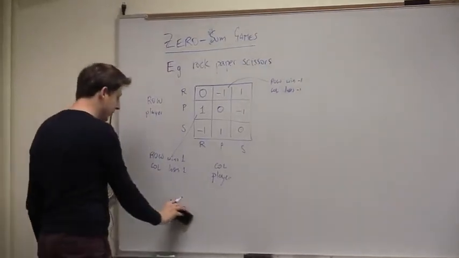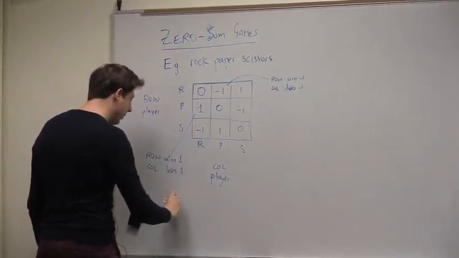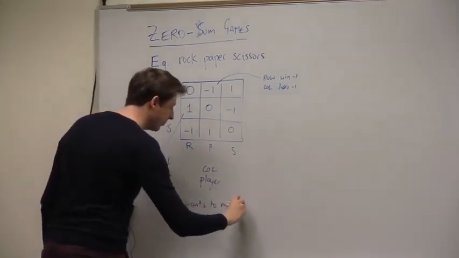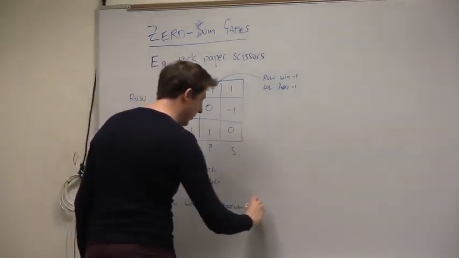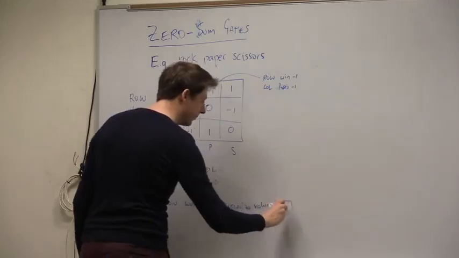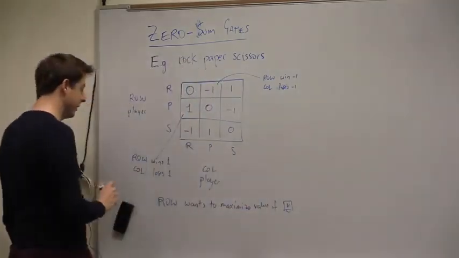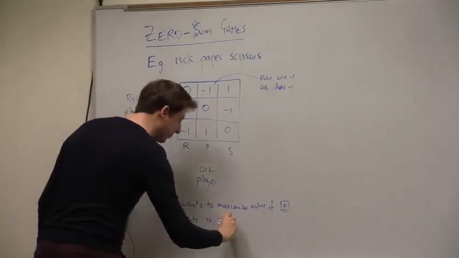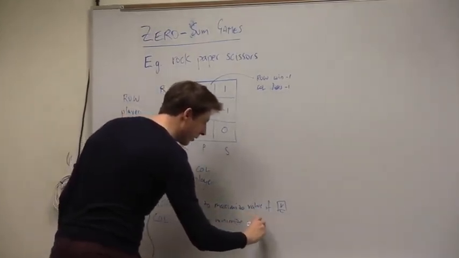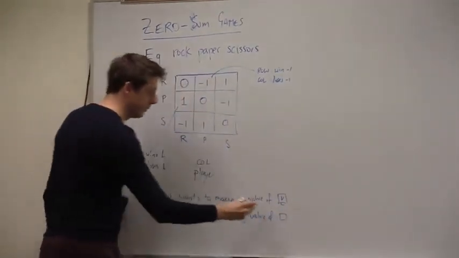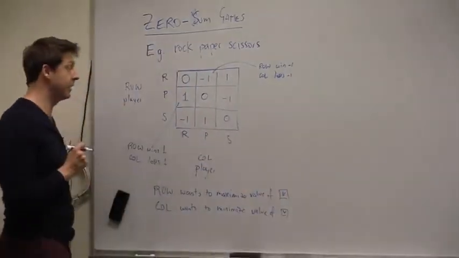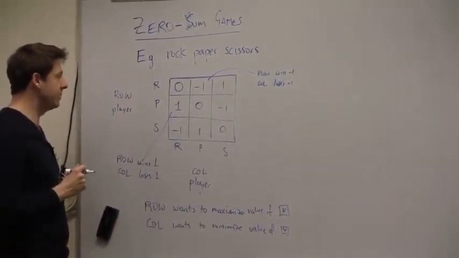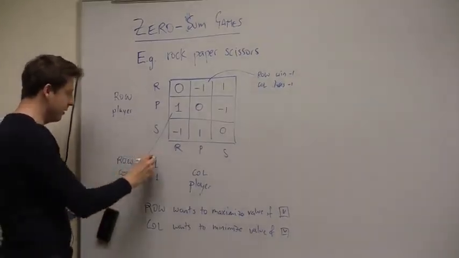So at a very high level, we should remember that the row player wants to maximize the value of the cell, whatever value of the outcome he's in, and the column player wants to minimize the value of the cell that he ends up ending up into.